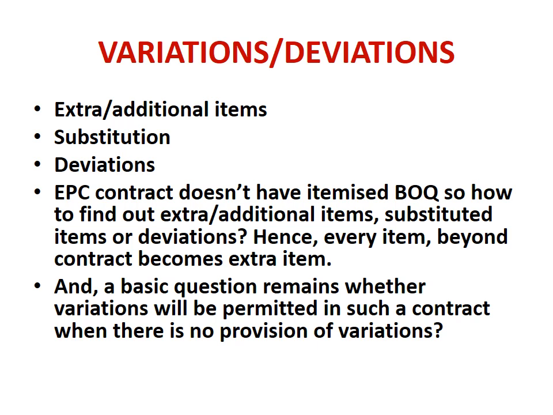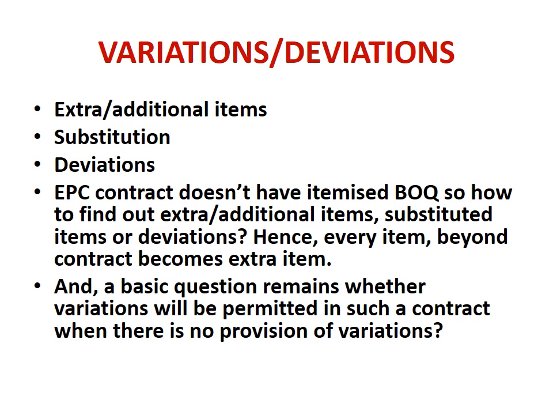In item rate or percentage rate contracts, because BOQ is there, deviations may be there in the items. Because items are there, we can substitute the item with some other item, so substitution is also there. And extra or additional items may also be there.